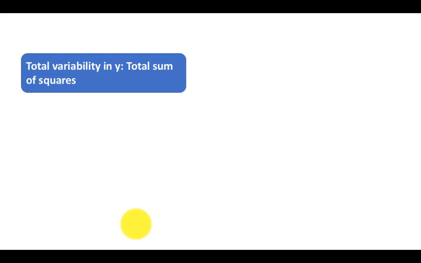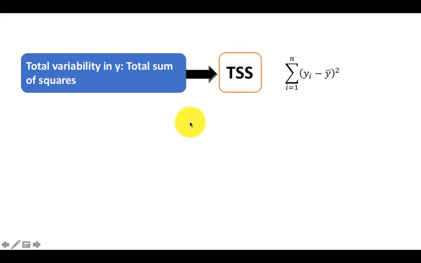In multiple linear regression, we are effectively going to say, well, the price is affected by so many different variables. However, the variability in the price is what we are interested in explaining, and therefore we need a measure of that variability. And of course, as we have discussed many times, the measure of variability in a particular variable is nothing but the sum of squared deviations of that variable from the mean, right?